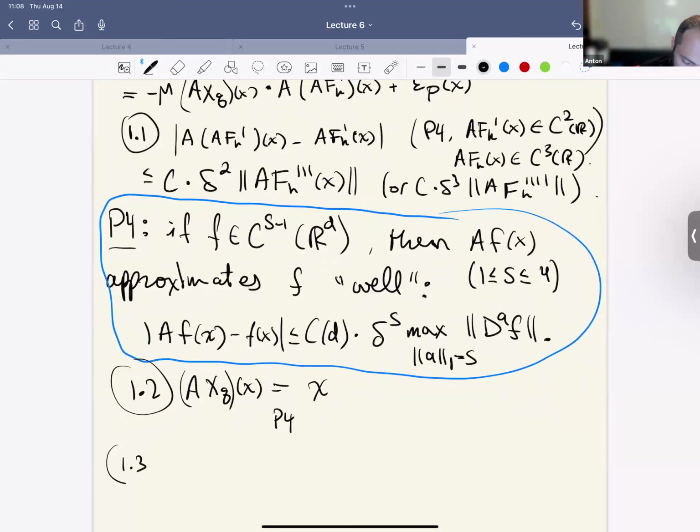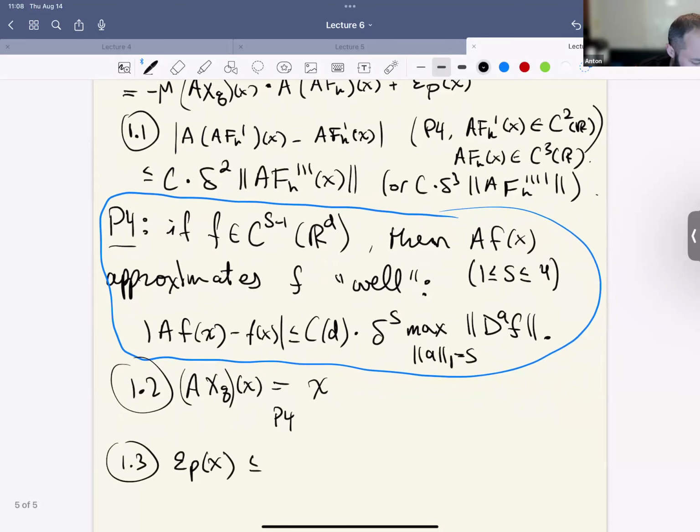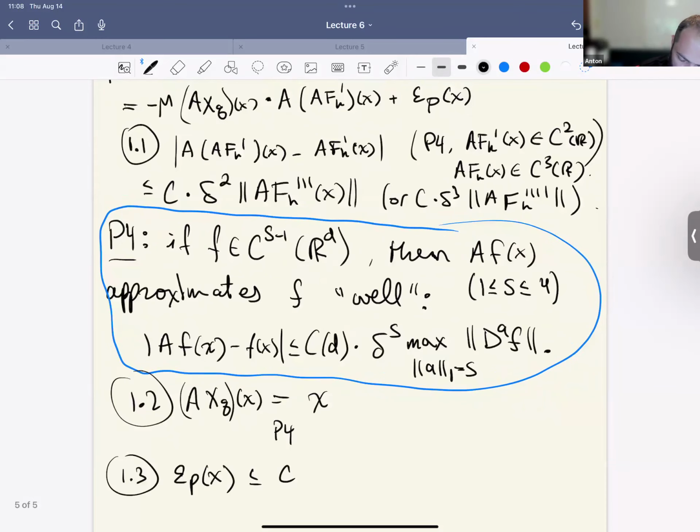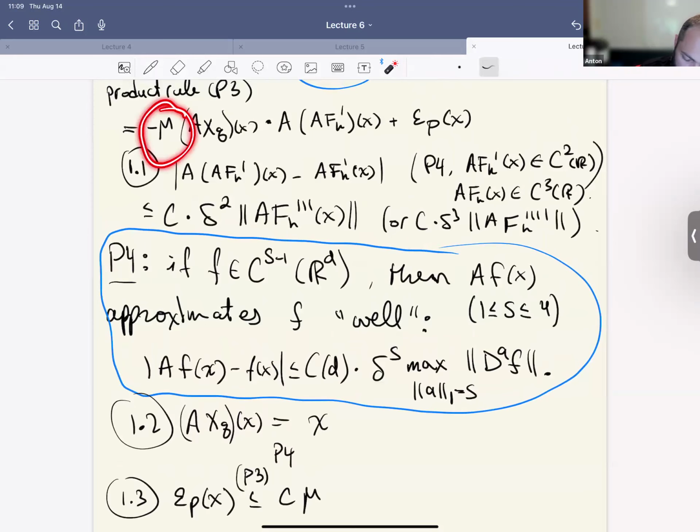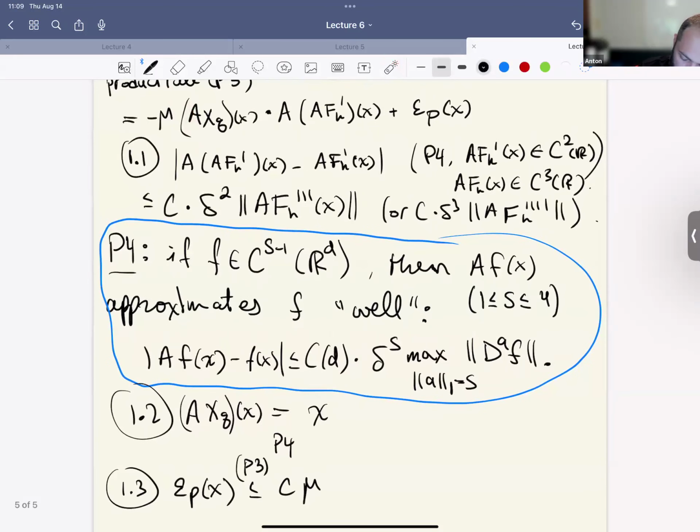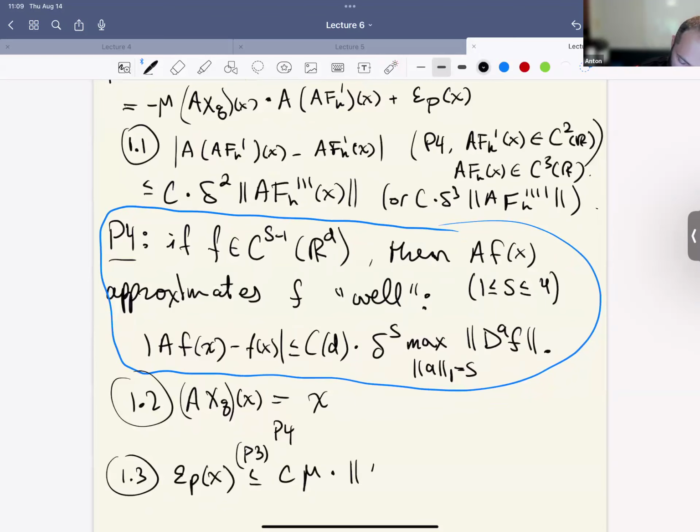The last thing, this error term, epsilon sub product rule, is going to be bounded by a constant times mu. The constant comes from property number 3, the product rule. The mu comes from this constant over here. And what we had was the norm of delta applied to x sub q times the norm of delta applied to A f sub h prime of x sub q.